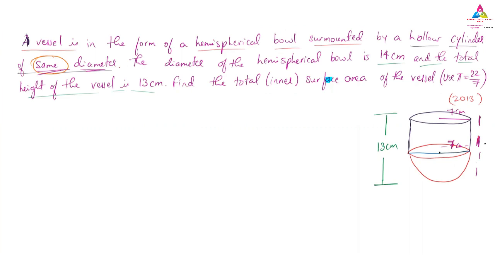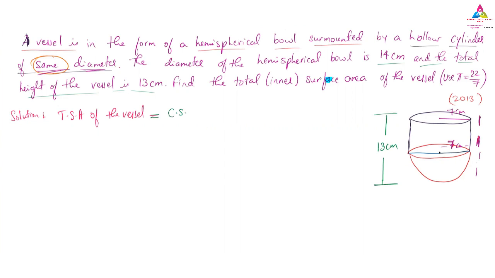Because if you want to find the total surface area, for the solution I will go, because the formula is very important. Solution. So what is the total surface area of the vessel? Because here we have two solid figures, which are hollow.